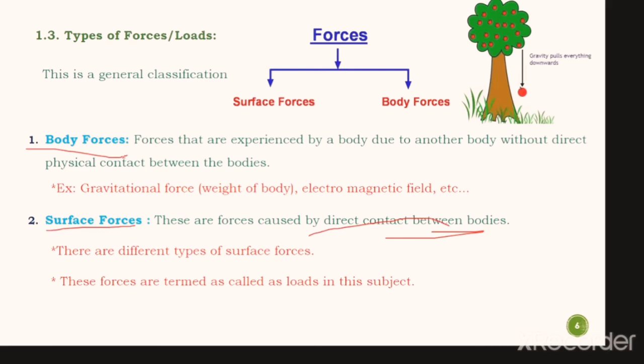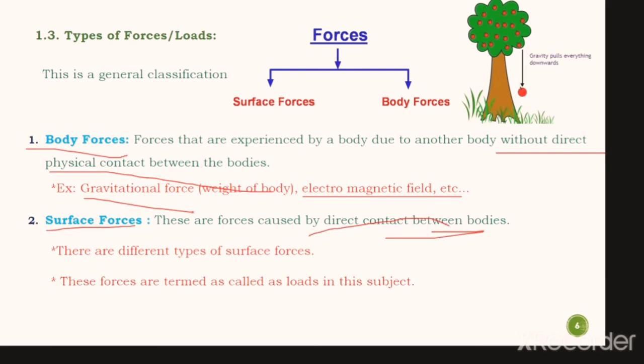So what is this body force? Body forces are the forces that are experienced by a body due to another body without direct physical contact. Okay, so the perfect examples are the electromagnetic field and gravitational force. So just take this first example, gravitational force. Gravitational force is nothing but F equals m into g.